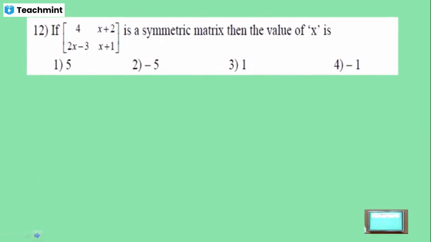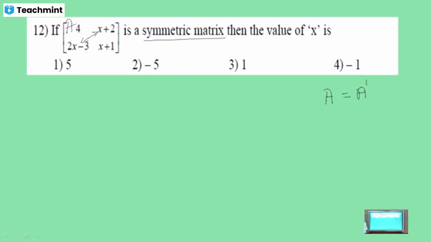Next problem. If the matrix is a symmetric matrix. When we call a matrix a symmetric matrix, we have already discussed that. You know that if A is a given matrix, A is said to be symmetric if A equal to A dash. If I call this matrix A, what happens when I write its transpose? x plus 2 comes and sits in the place of 2x plus 3.